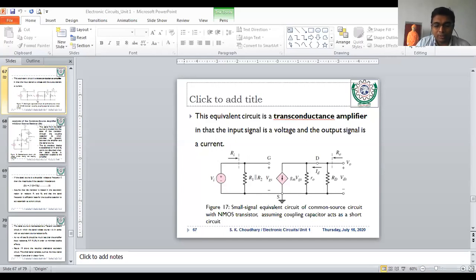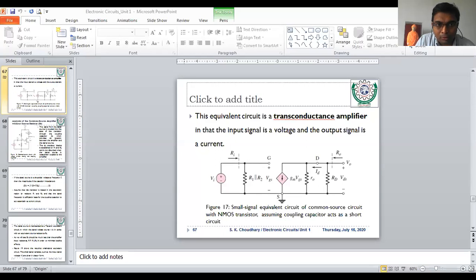Maybe online there is some problem with symbols, but draw properly in your notebook. It is very easy to draw. This is the common source circuit.